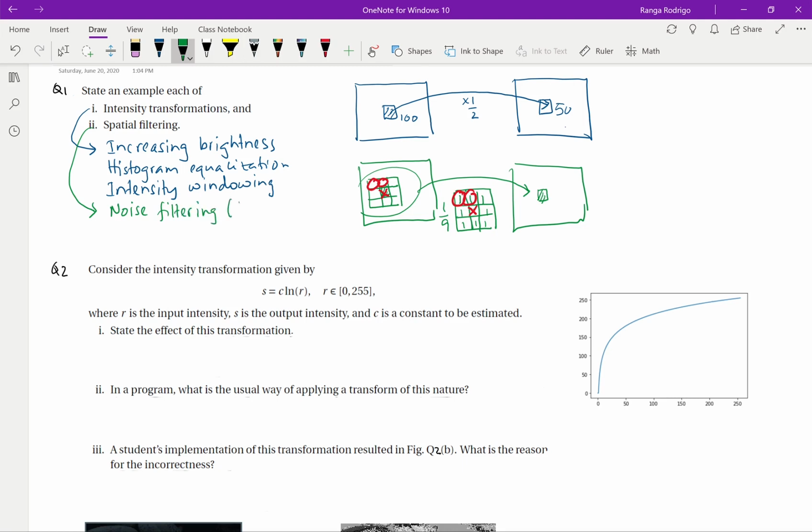Now spatial transformations, examples are noise filtering. So usually we use Gaussian filtering for this, for example. Then edge detection, for example, using a Sobel kernel.